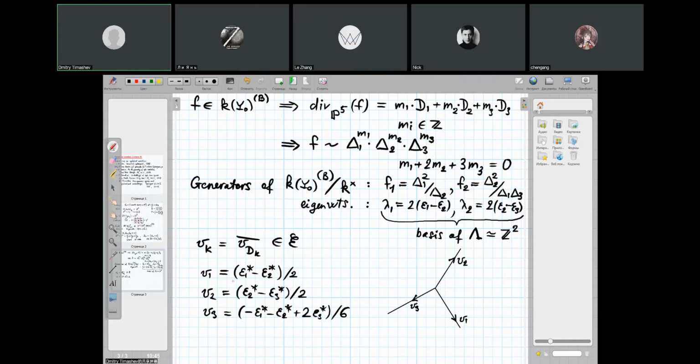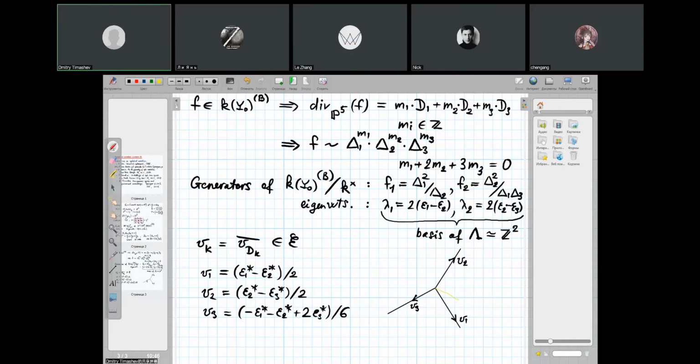But if you require that the coordinates sum up to 0, as in all these cases, then this representation will be unique. Oh, the sum of the coefficients in Vi of epsilon i star should be 0. Yes. Then such a representation will be unique.